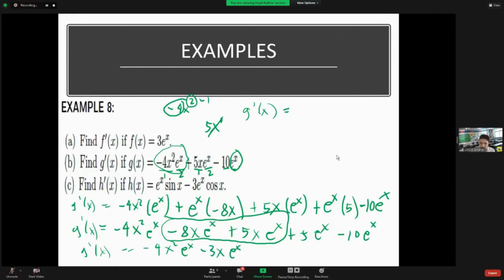And these are similar too, constants 5 and 10, so we can simplify. 5 minus 10, that's negative 5. Then copy e raised to x. So, this is now your final, simplified answer. So, that's rule number 8.